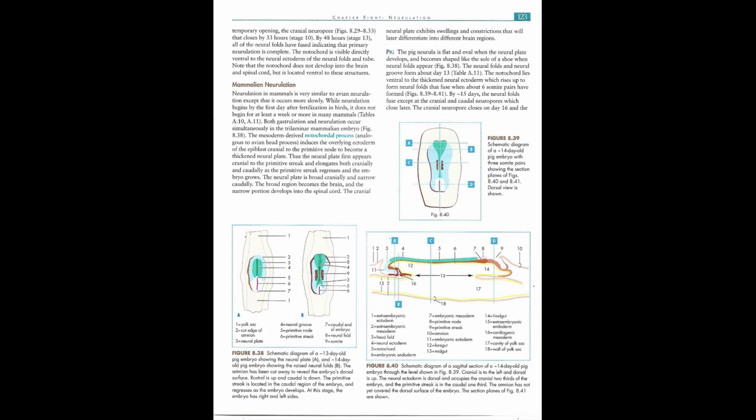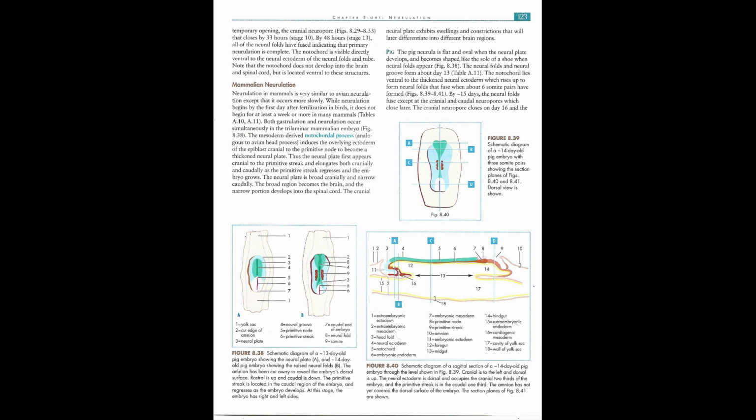The pig neurula is flat and oval when the neural plate develops, and becomes shaped like the sole of a shoe when neural folds appear, Fig 8.38. The neural folds and neural groove form about day 13, Table A11. The notochord lies ventral to the thickened neural ectoderm, which rises up to form neural folds that fuse when about 6 somite pairs have formed, Figs 8.39 to 8.41.